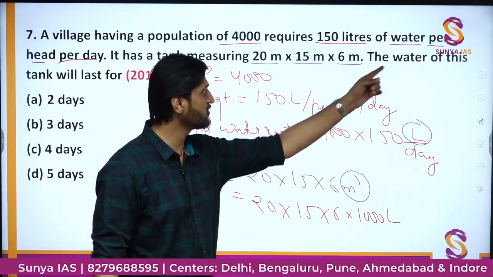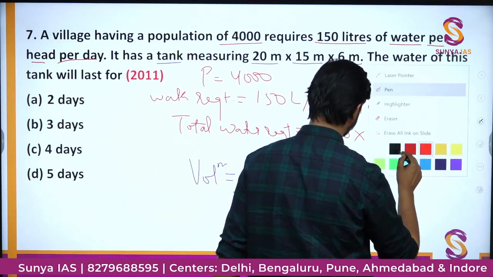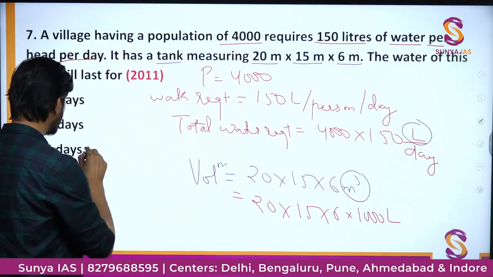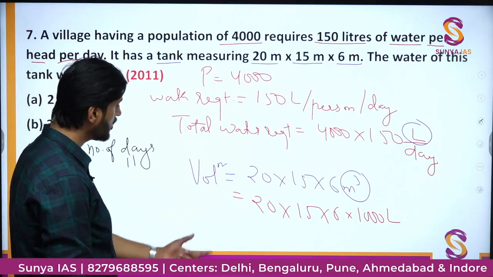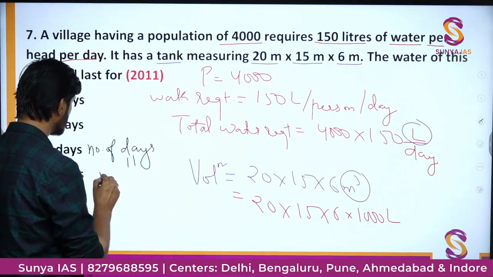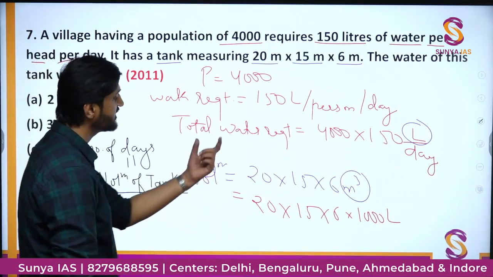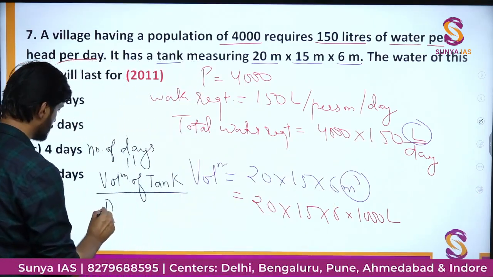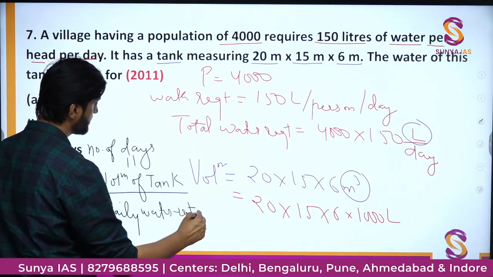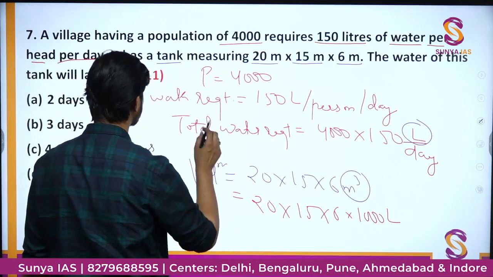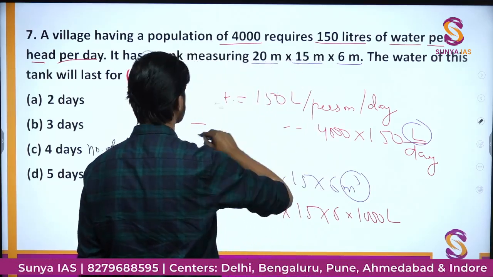Now what we have to find is the number of days. In order to find the number of days, we will simply say the number of days will be the overall volume of the tank divided by the daily water requirement. Okay. So the volume of the tank we calculated as this. Let me just write it down somewhere else. Let me create some more space.